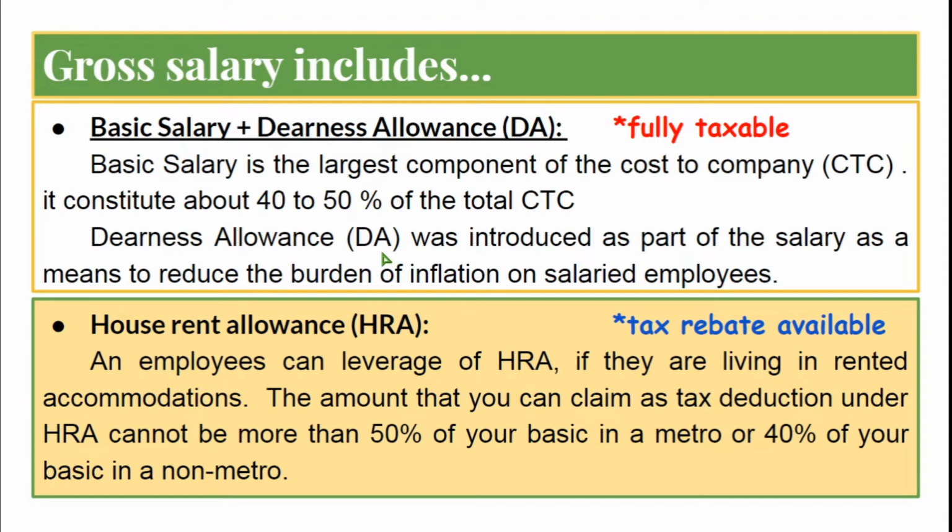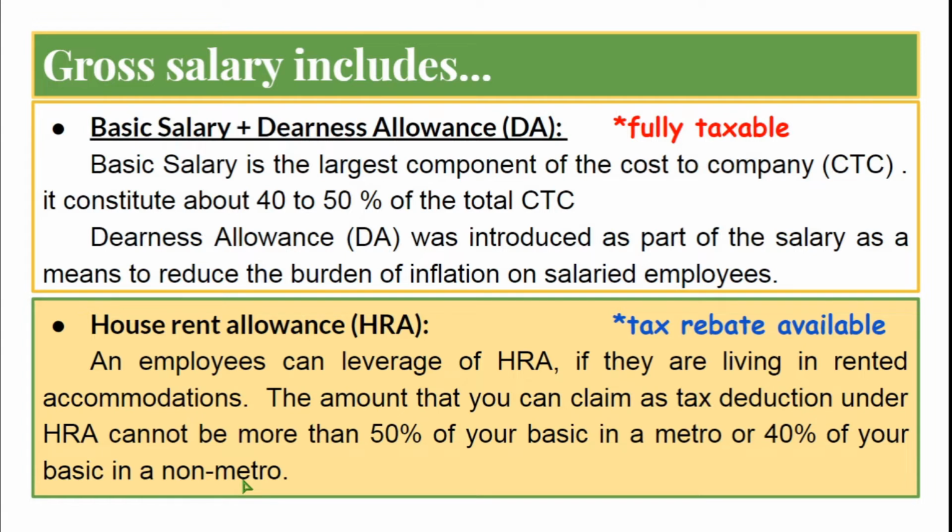The house rent allowance or HRA, as the name suggests, is a component that employees can leverage if they are living in rented accommodations. The amount that you can claim as tax deduction under HRA cannot be more than 50% of your basic salary in a metropolitan city or 40% of your basic salary in a non-metropolitan city.